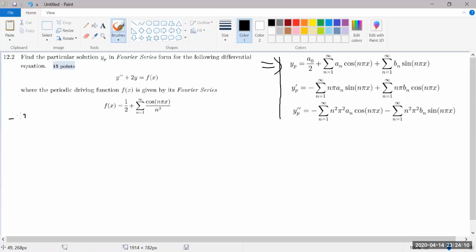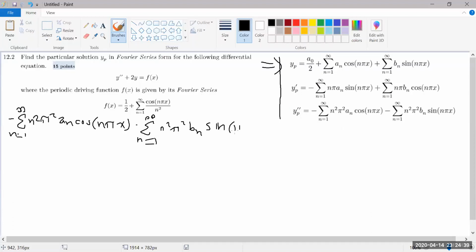So we have our negative summation of n equals 1 to infinity of n squared pi squared a sub n cosine n pi x. Okay, and then minus the summation n equals 1 to infinity of n squared pi squared b sub n sine n pi x, okay?